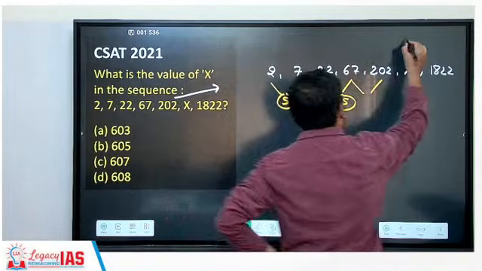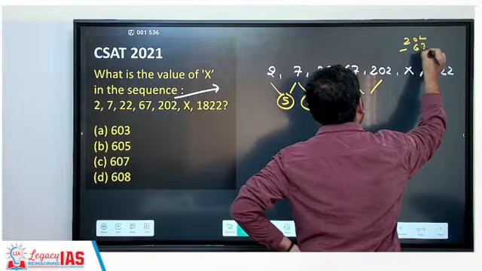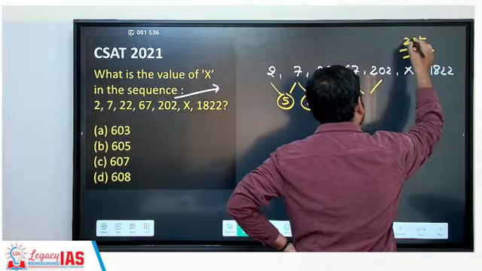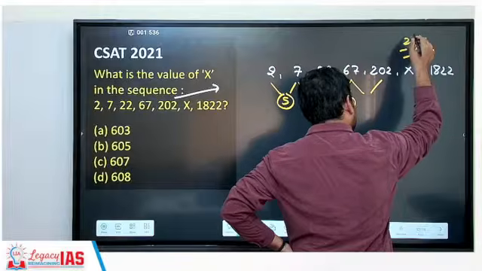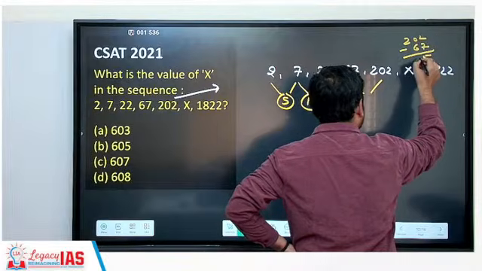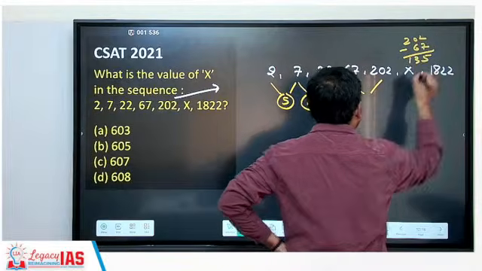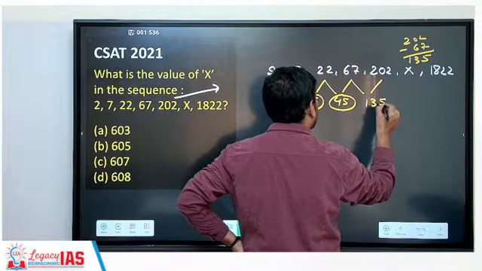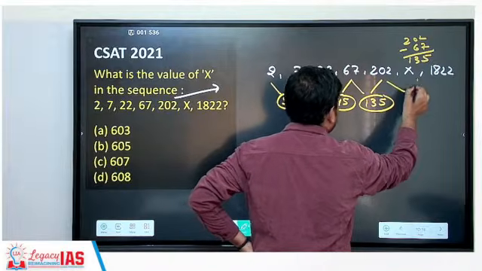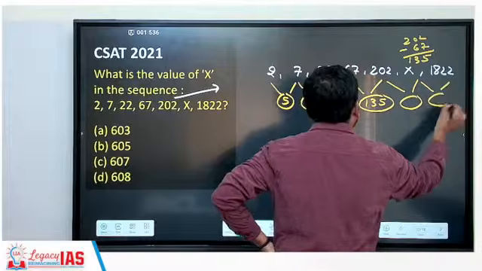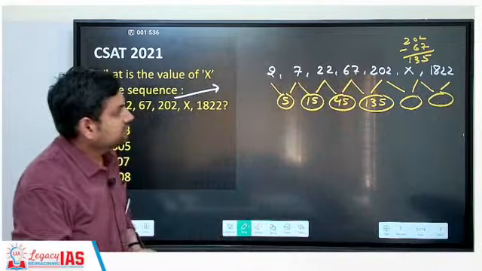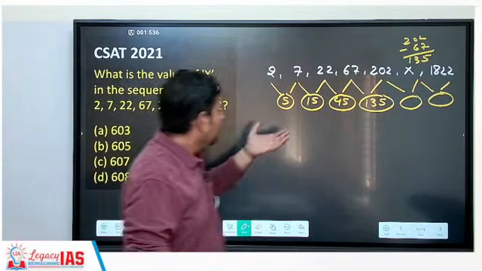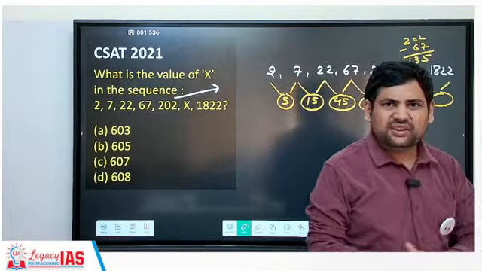It becomes 135. Now this one I don't know, and of course this one also I don't know. Now 5, 15, 45, 135.